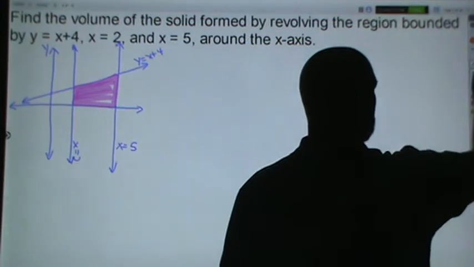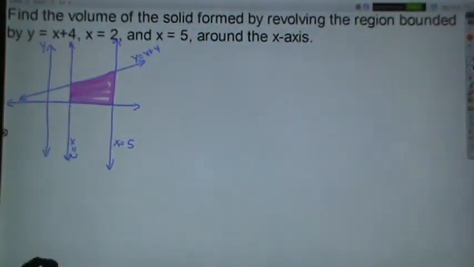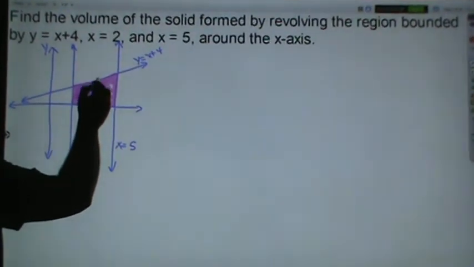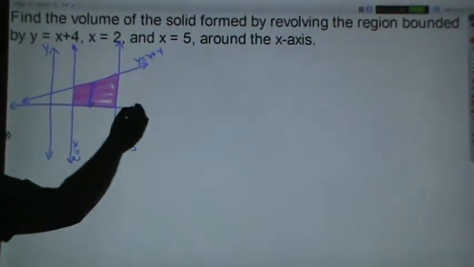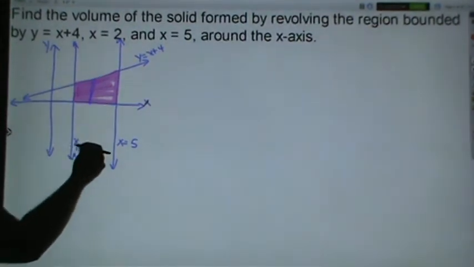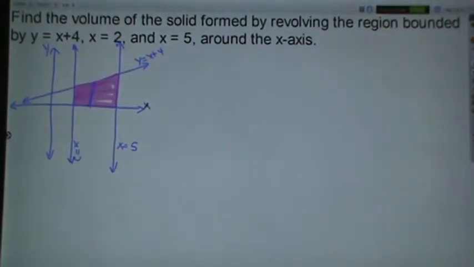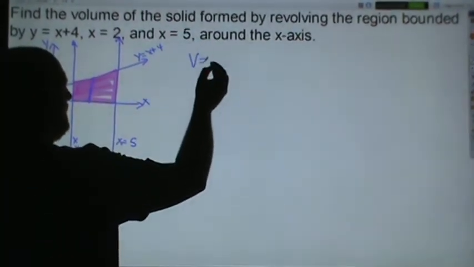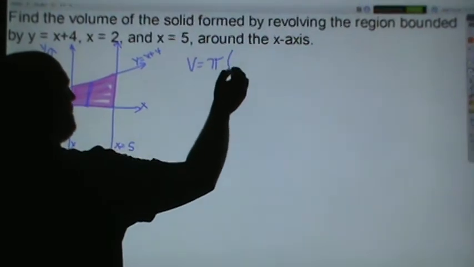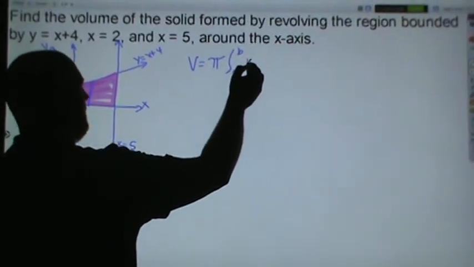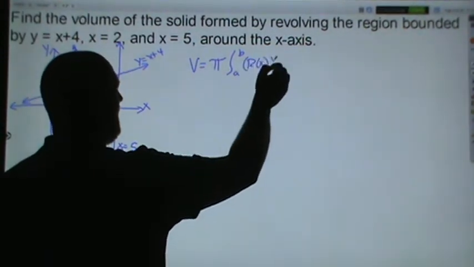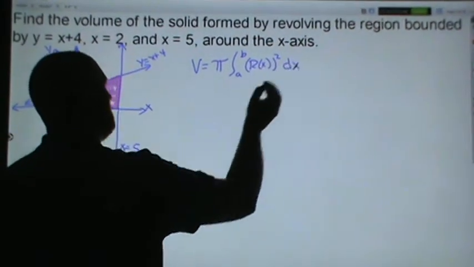So whenever I do these problems, I like to draw on the slice so that I realize how that slice is oriented. In this case, I'm perpendicular to the x-axis when I spin this area around. So my formula to calculate this volume is volume equals pi times the integral from a to b of the radius squared dx.